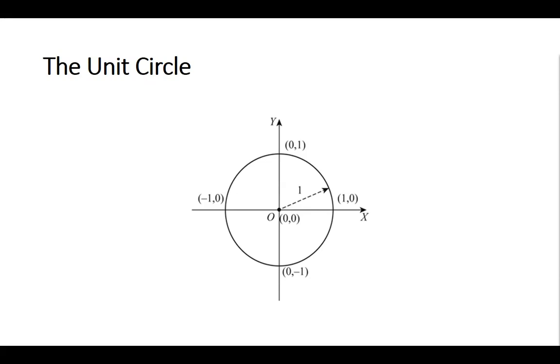On the y-axis, you're going to cross at the point 0, 1 and 0, negative 1, all assuming, of course, that you're at the origin. But the main purpose of a unit circle is that, as you can see with that dashed arrow, it makes the radius equal to 1, which means if we were to build a triangle to any point on this circle, it would have a hypotenuse of 1.